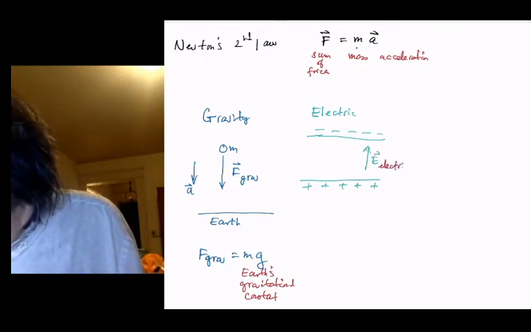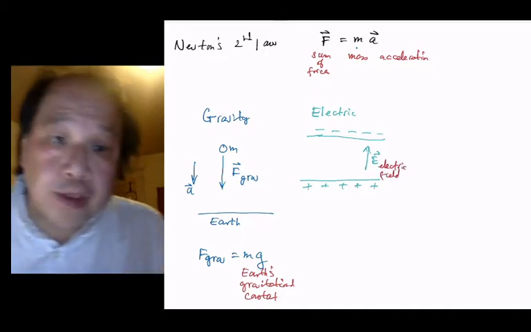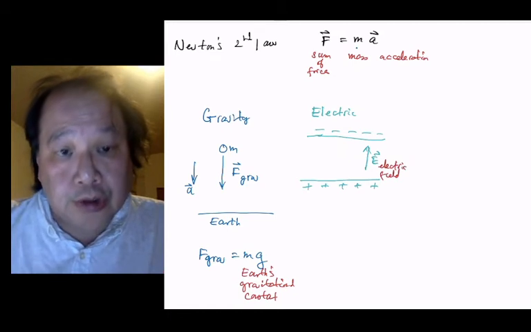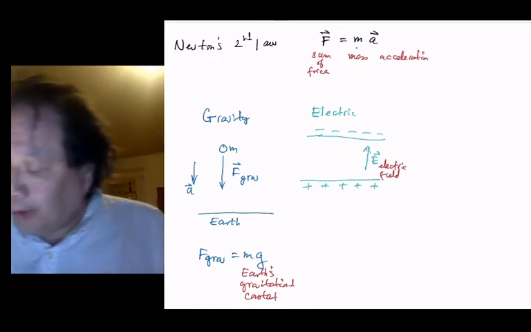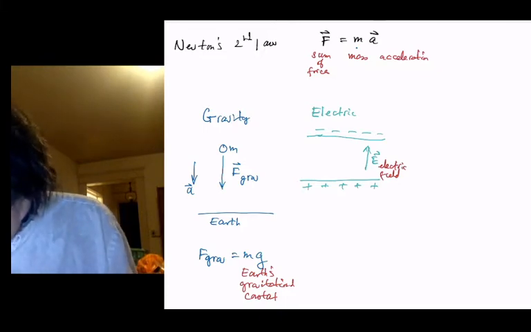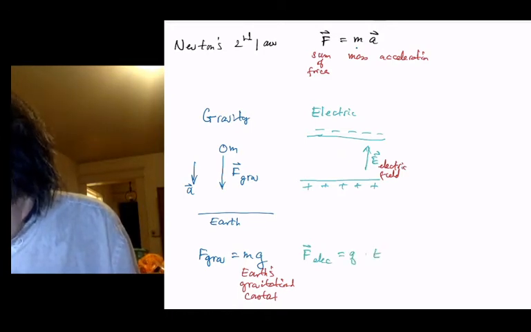And the electric field for uniform charge plates is uniform across the plates, and it points from the plus charged plate to the minus plate. And the law is force electrostatic is the charge times the electric field.